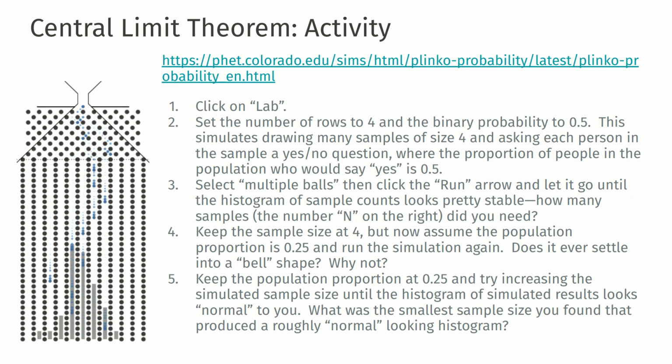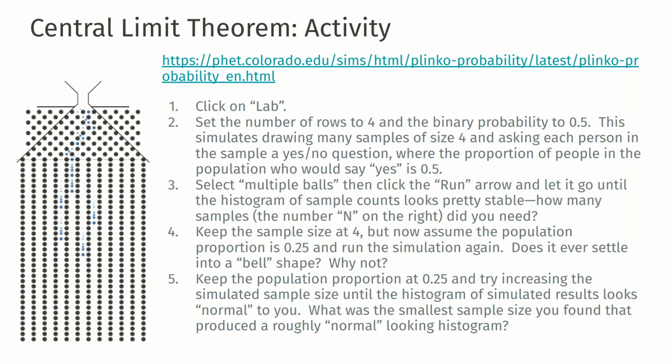Then, the next bit of your activity, I want you to keep the population proportion at 0.25, but then try increasing the sample size. And by sample size, I mean the number of rows in the board.